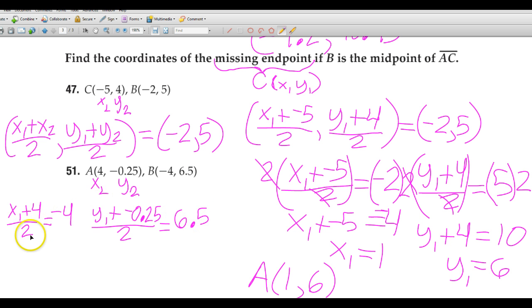So we multiply both sides by 2 to clear out the denominator. And we subtract 4. And there's my x-coordinate of C, the other endpoint. Do the same thing for the y, so multiply both sides by 2.